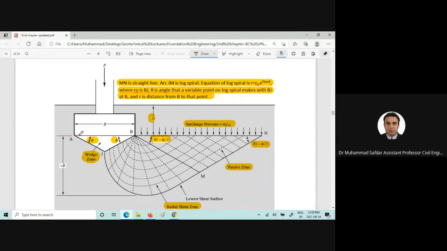Now, this is an elastic wedge. We can call that the Rankine active zone. This is the failure mechanism which Terzaghi proposed, and this is kind of a rigid zone.